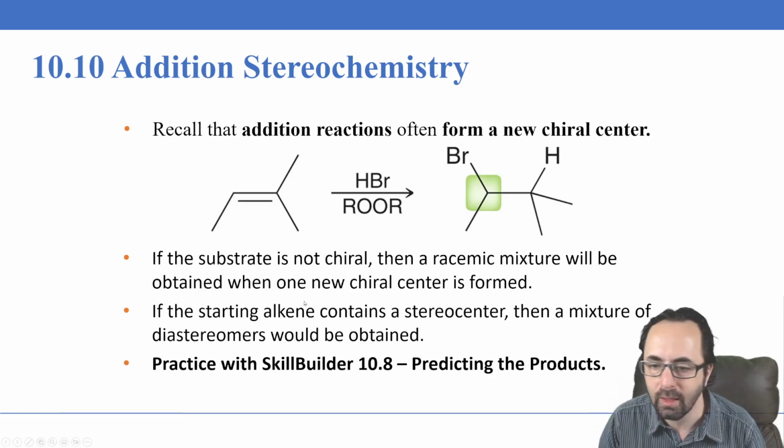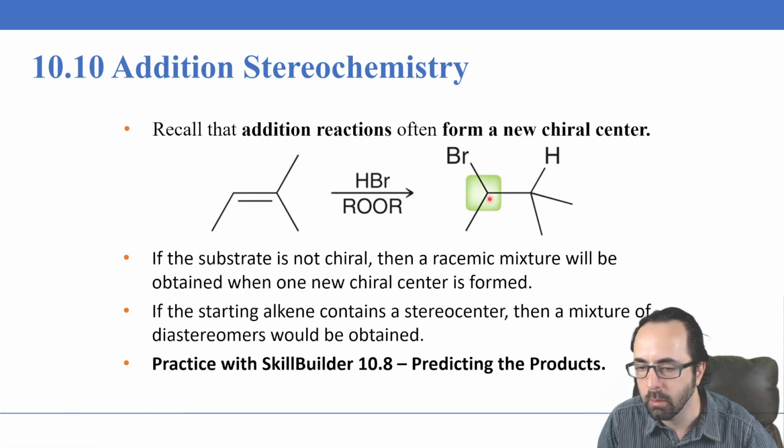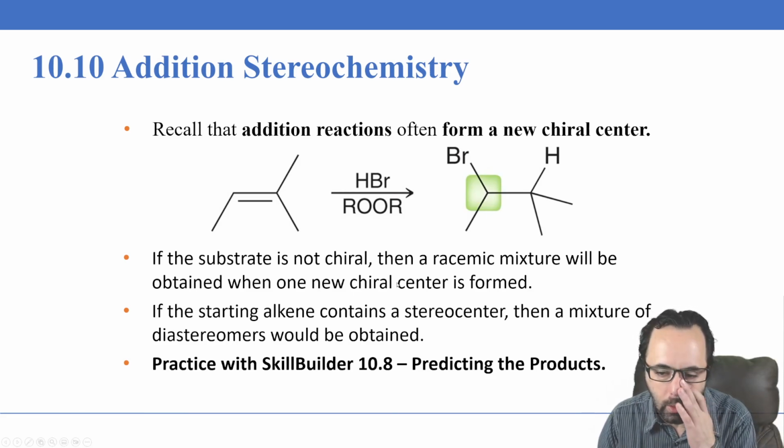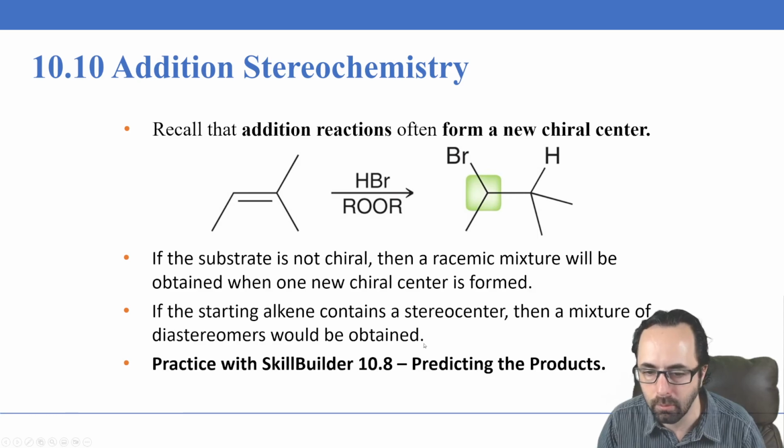So again, if you end up with a chiral carbon, you're going to get a racemic mixture. You're not going to get one enantiomer or the other. You're going to get both.